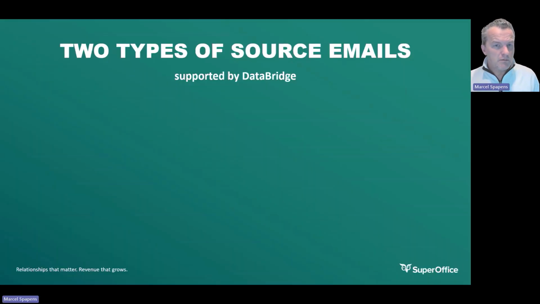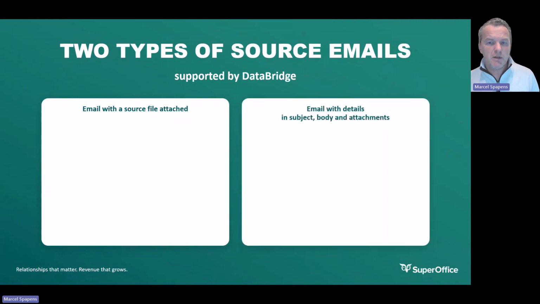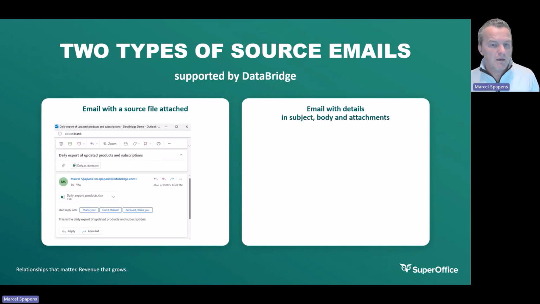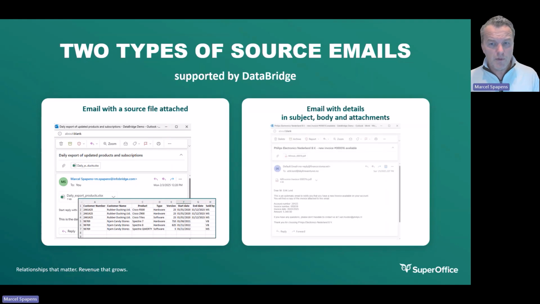So from now on, there are two types of source emails supported by DataBridge. There's the email with a source file attached, like an Excel sheet with lots of records. And there's the email with details in the subject, the body, and the attachments. On the left side, an example of an email with an Excel sheet as a source file. On the right side, there's the email that we just showed with the invoice attached to it.